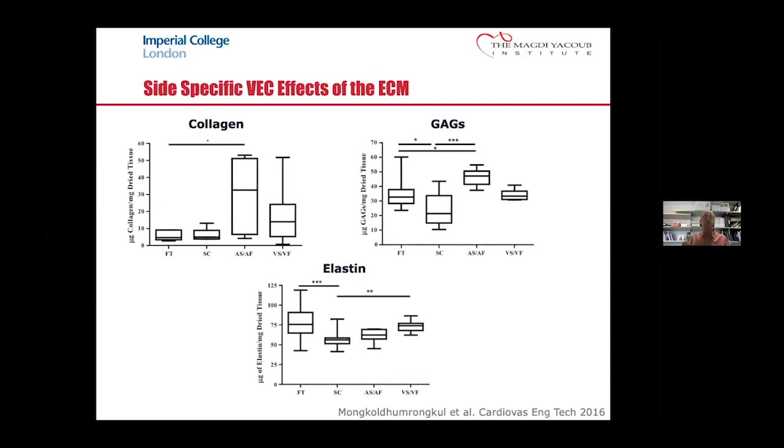And while this is quite complex, to summarize, essentially what you see is that the aortic and the ventricular sides of the tissue respond in slightly different ways given their different patterns of flow, and that the extracellular matrix, namely collagen synthesis particularly, and GAGs, are regulated by the endothelium in response to flow.